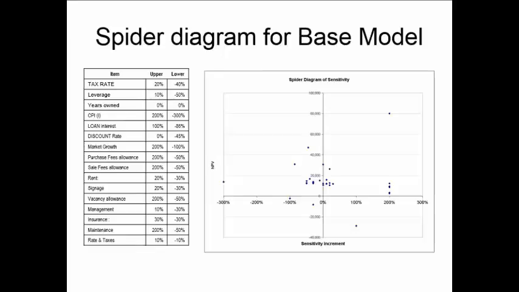But you'll notice that most of the results are somewhere in the vicinity of net present values between $0 and $20,000. When spider diagrams are used, they tend to provide this kind of confidence. We can see on one graph the distribution of possible results of net present value for all of the different variables.